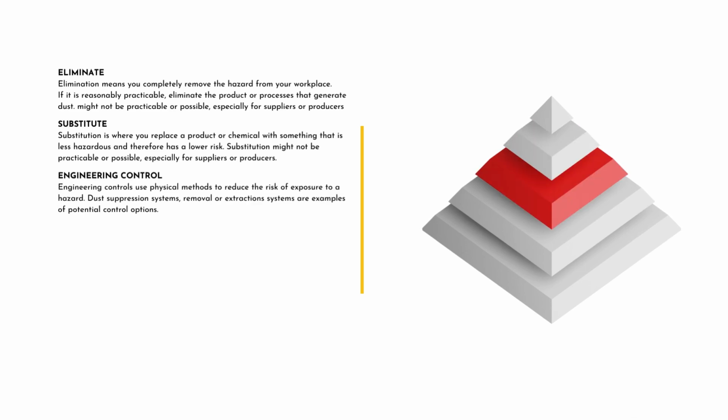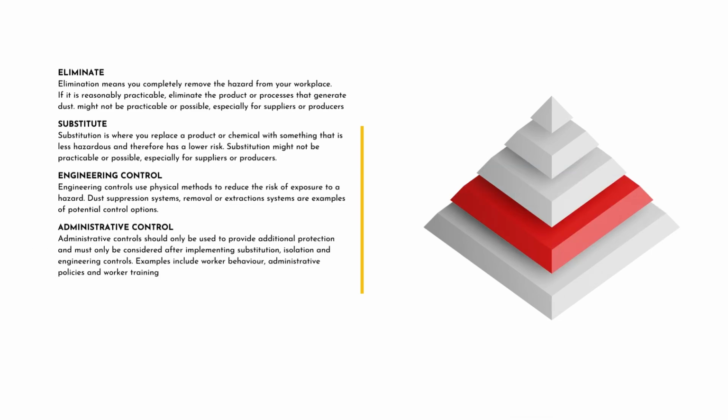Engineering control, however, is where we can start to get into some practical solutions towards preventing dust. This refers to physical methods of reducing dust exposure, whether that be a dust suppression hopper, a removal or extraction system, or some other type of mechanical device to eliminate or reduce dust.